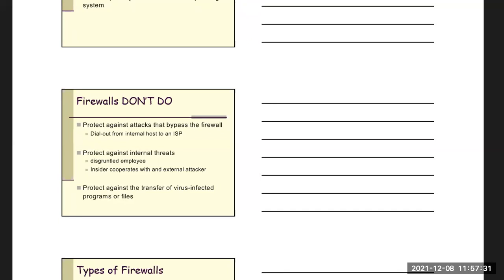That means malicious activity occurring inside the internal network, because where is the firewall placed? The firewall is placed between the internal network and the external network, or public network and private network.